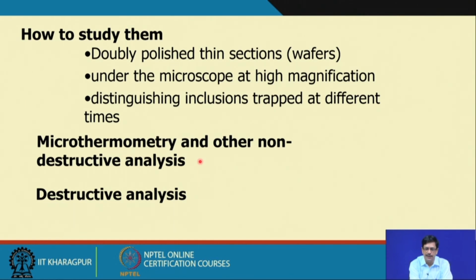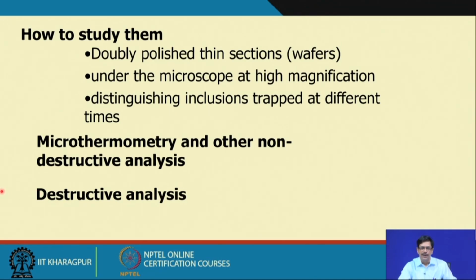So we study them in the laboratory by using doubly polished thin sections of a certain thickness, because these inclusions are several tens of microns in dimension. So the thickness of the section should be at least 4-5 times the maximum dimension expected. So generally they are 200 to 300 micron in thickness. We study them under the microscope at high magnification, and then we do an experiment which we call microthermometry and other non-destructive analysis.